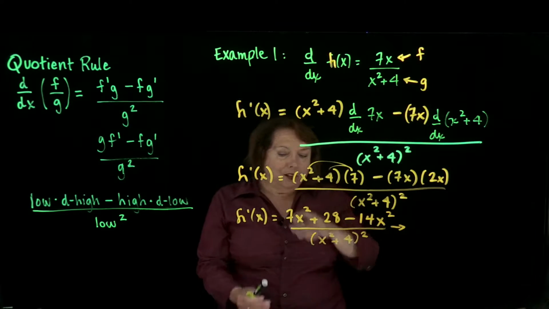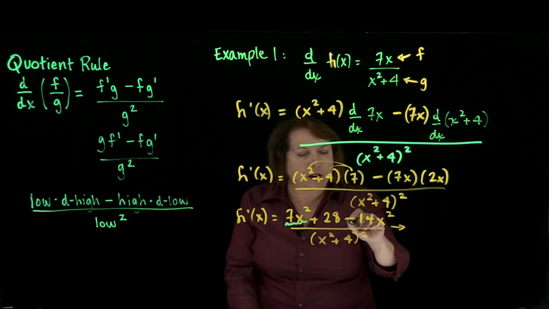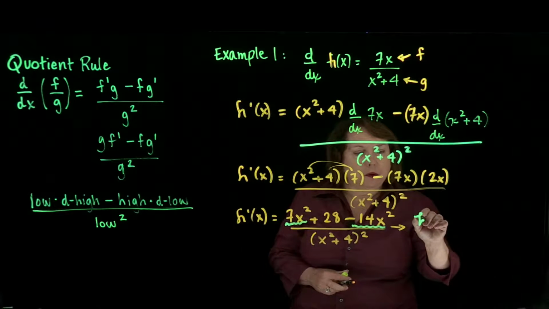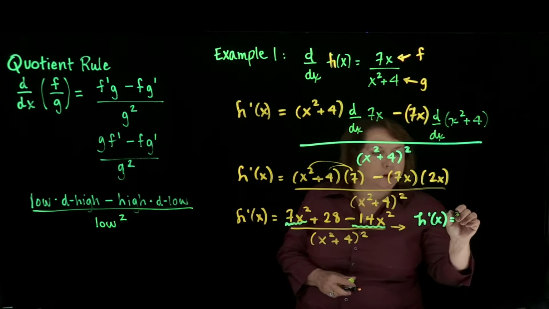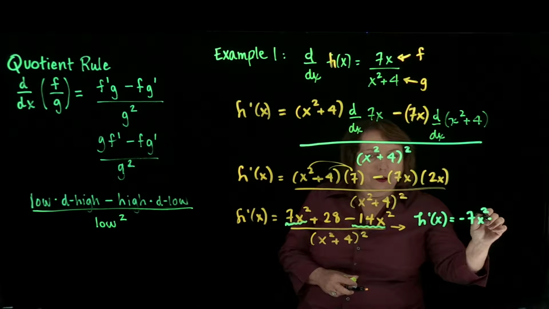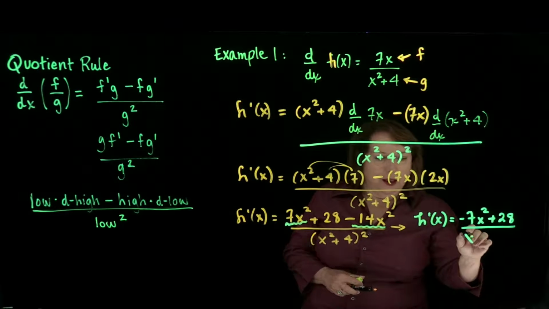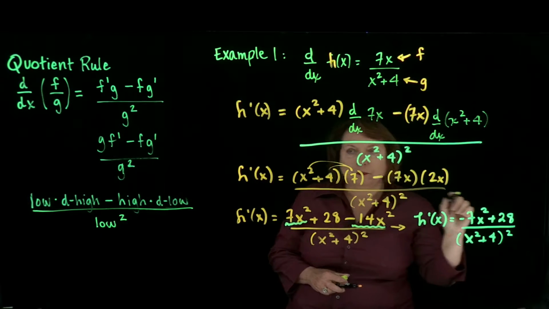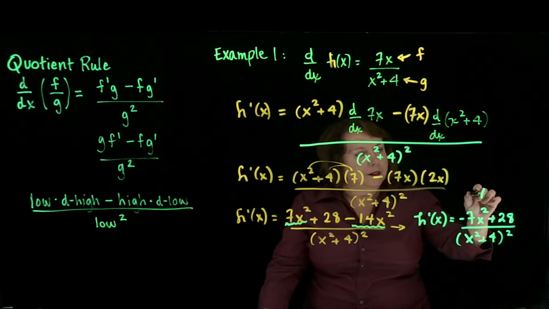And then you notice that we have a couple of like terms here. We have 7x squared and we have negative 14x squared. So our final answer, h prime of x, is going to be 7 minus 14, which is negative 7x squared plus 28, divided by x squared plus 4 quantity squared. There's another way to express this answer.